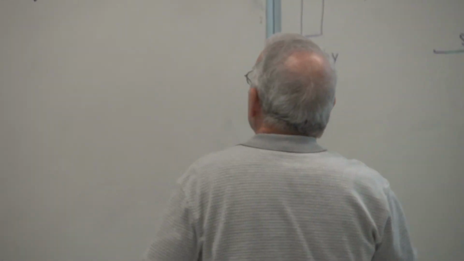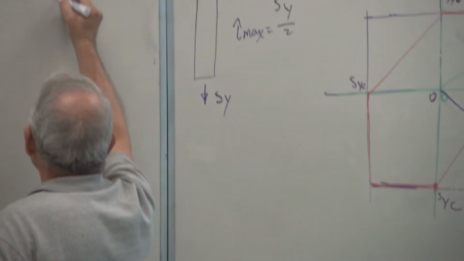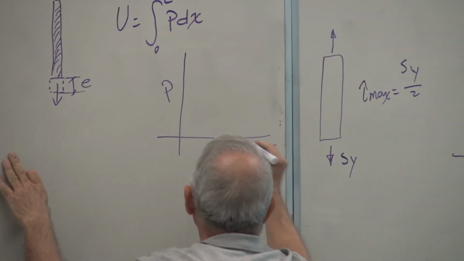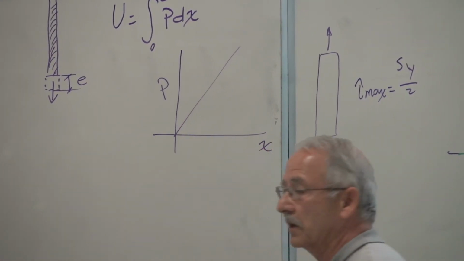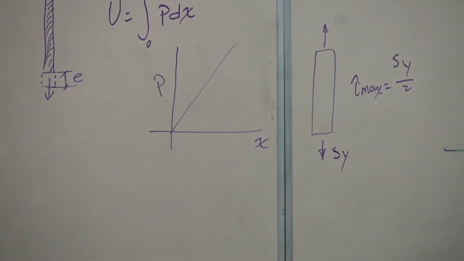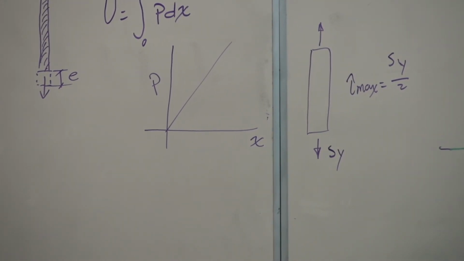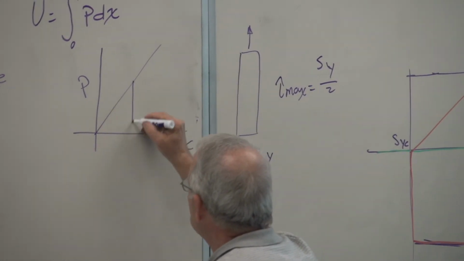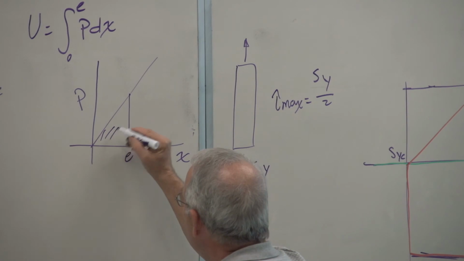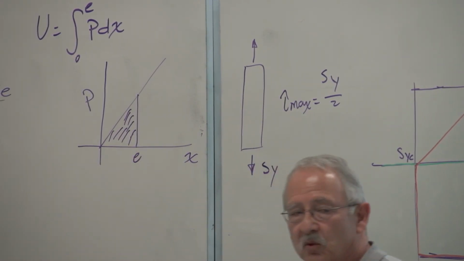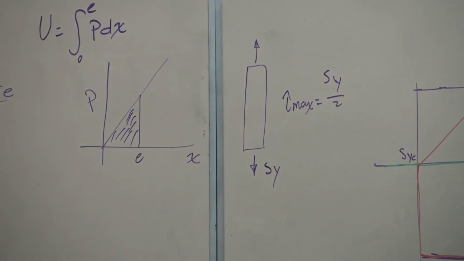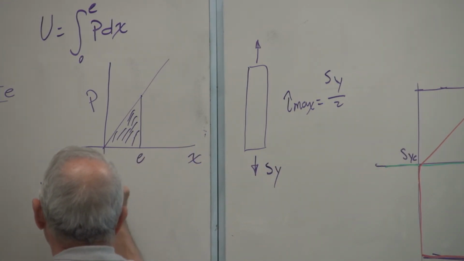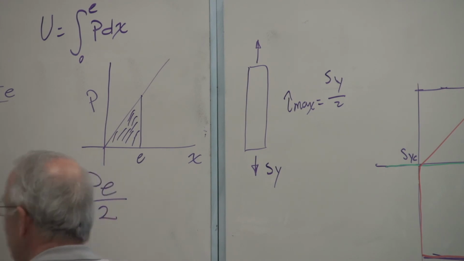In fact, if we draw force versus displacement for something like this, which actually mimics a spring, that's what we get, assuming that the behavior is linearly elastic. And if this is E, that's the work done by the material. So it's not P times E, but it is, in this case, because of the linearity, PE over 2.